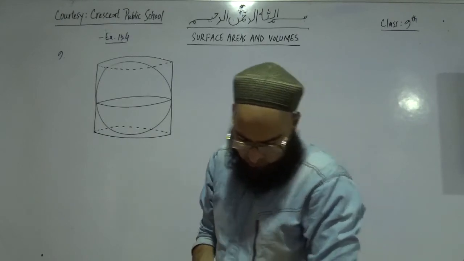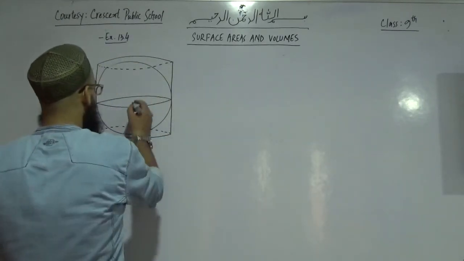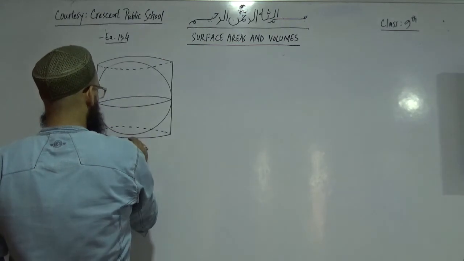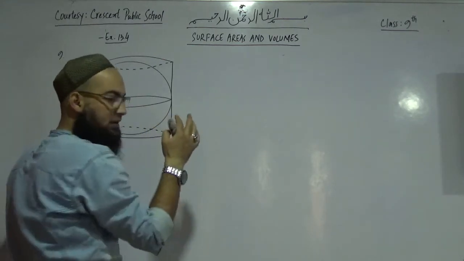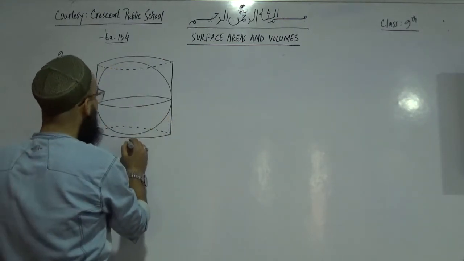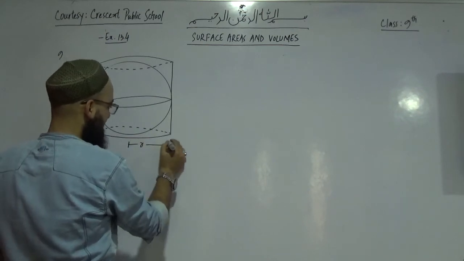Of radius r. So sphere has radius r. If the radius of sphere is r, that means radius of cylinder is also r.